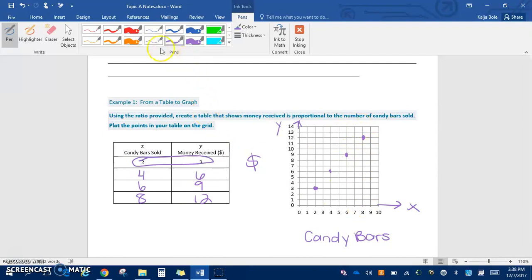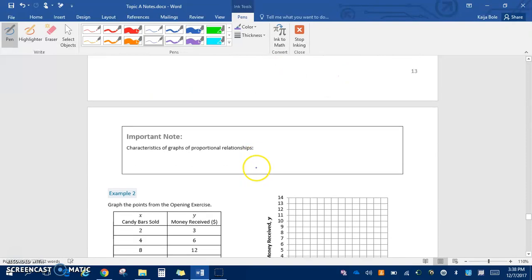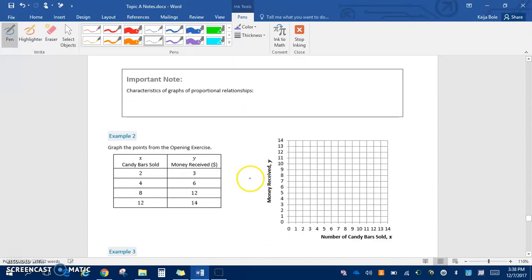Alright, so then we need to connect our points here. Trying to make it as straight as possible. And put an arrow on the end because we know that that can continue on forever. Alright, so that's all we had to do for this example. But if you flip over onto the next page, we're going to use this now to determine proportional relationships. So in the box where it says important note, it says characteristics of graphs of proportional relationships. So you need to write two things.